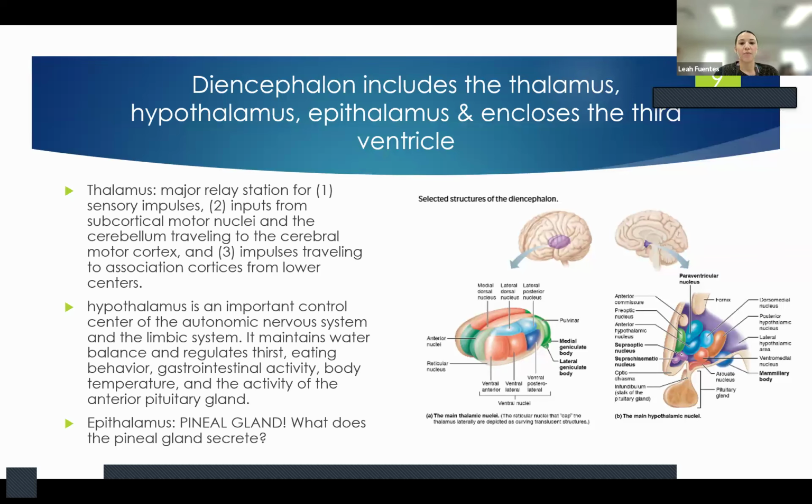Lastly, we have our epithalamus. The epithalamus contains the pineal gland, or gives rise to the pineal gland. Does anybody know what the pineal gland secretes? It secretes something that helps us sleep. The epithalamus, which houses the pineal gland, secretes melatonin.